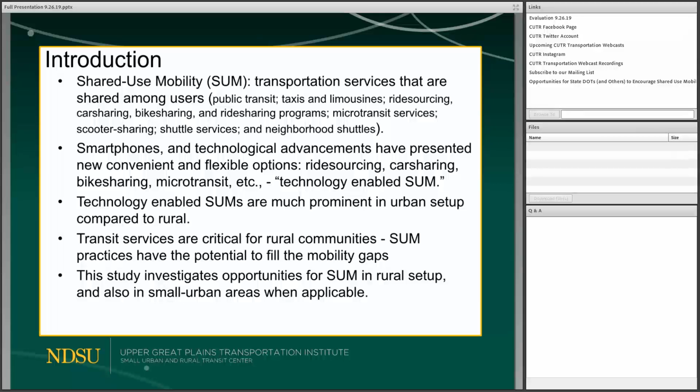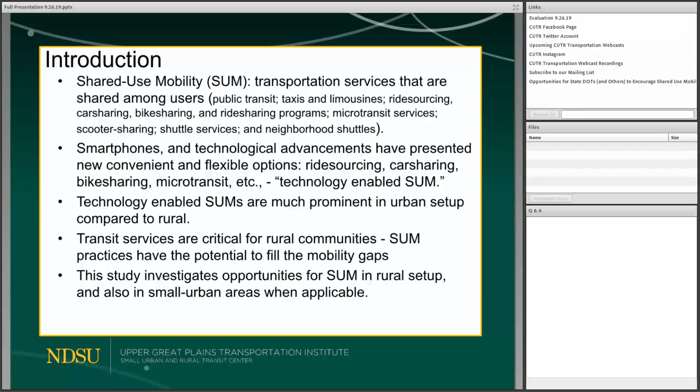While shared use mobility practices exist in all size communities, their presence is much more prominent in urban communities compared to rural communities. Think about Uber, Lyft, Zipcar, or docked bike share station programs, and they exist mostly in urban communities. And if you think about their existence in rural communities, they're not very many.